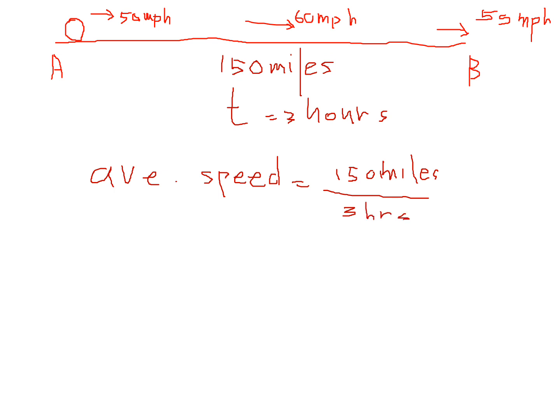So your answer is 50 miles per hour. As you see, from A to B, you cannot tell exactly what your speed is going to be between A and B. If you know the distance from A to B and the time it took to travel from A to B, you can talk about average speed.